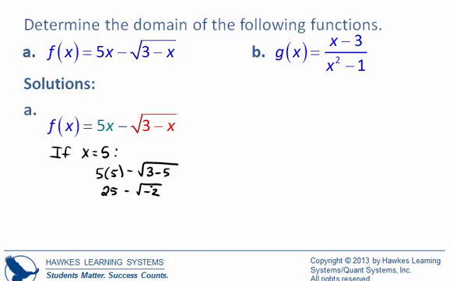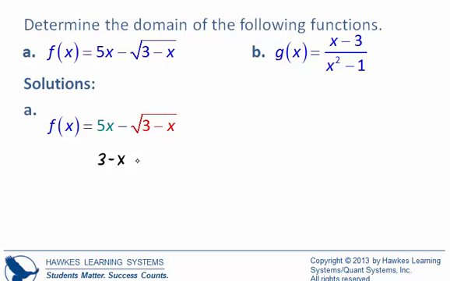So what I need to do is figure out what values are acceptable. What I need to be sure about is that when I plug in underneath that square root, the expression 3 minus x has to stay positive. Because if I plug an x value into 3 minus x and it becomes negative, then I'm not going to be able to take the square root of it, and the function is not going to be defined.